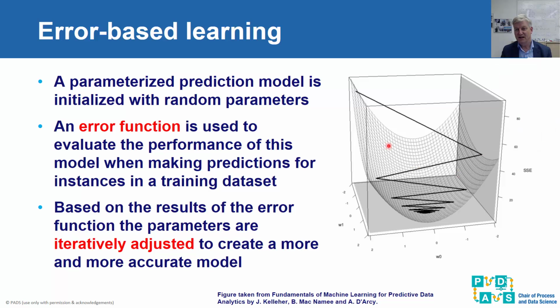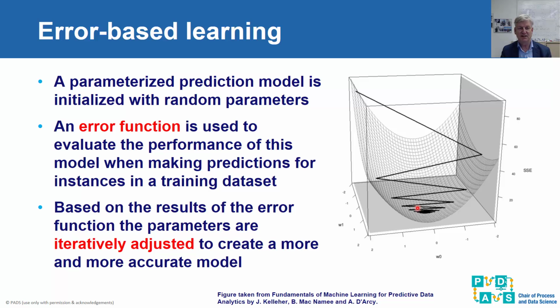So we start with a certain error and we try to stepwise reduce the error until we can no further reduce the error. This is a very generic approach that applies to regression, but also applies to many other techniques.